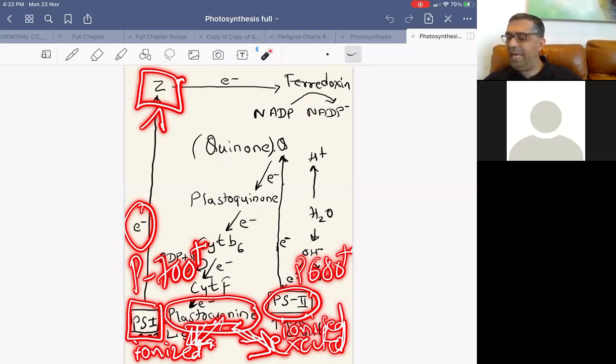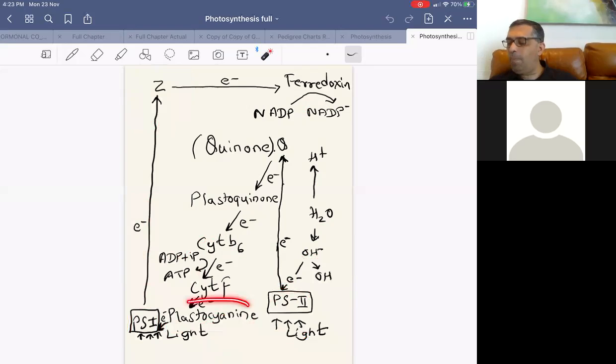In other words, PS1 is more electronegative, has got a greater redox potential compared to PS2. So electron goes from plastocyanine not to PS2 but to PS1.